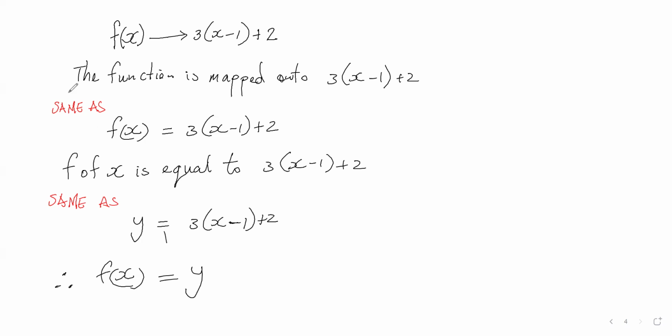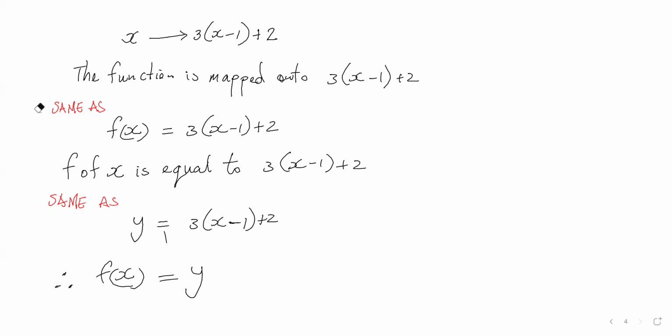When we started off, I said if I take off this x, it will just be x is mapped onto 3 open bracket x minus 1 close bracket plus 2. That is what x is mapped onto.